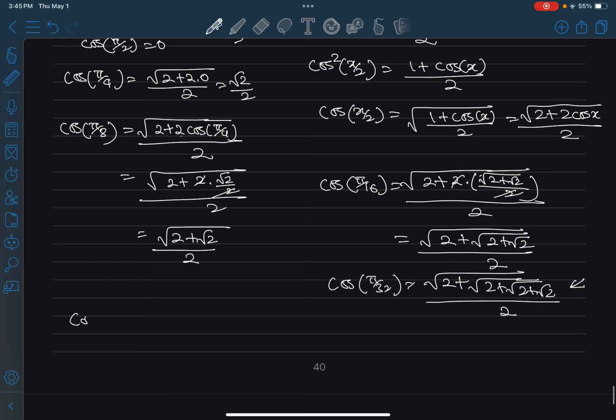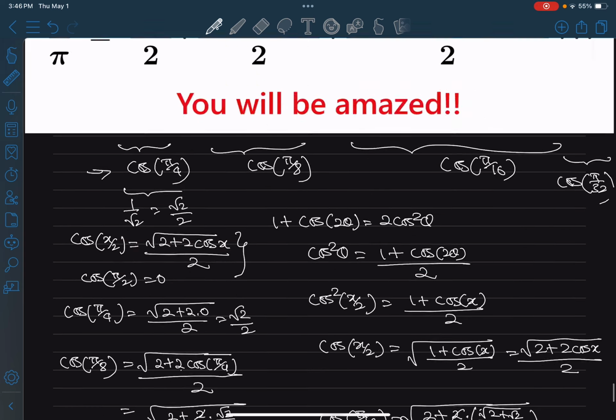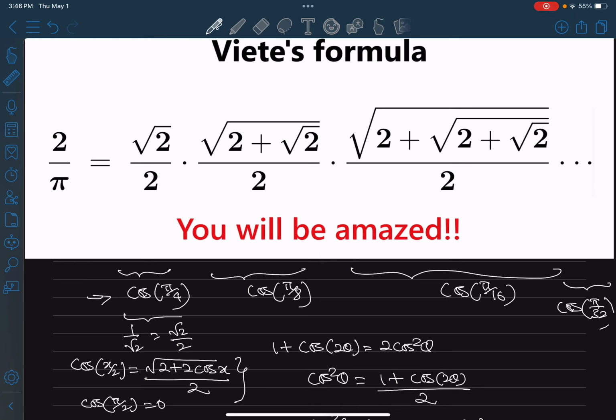So if you want to find cos of pi by 2 to the power n plus 1, then there will be n twos, n times, because for 4 twos this was 2 to the power 4 plus 1. For 3 twos there was 2 to the power 3 plus 1. So you see the pattern, right? And so now we see why these are actually cos pi by 4, cos pi by 8, cos pi by 16, and so on.